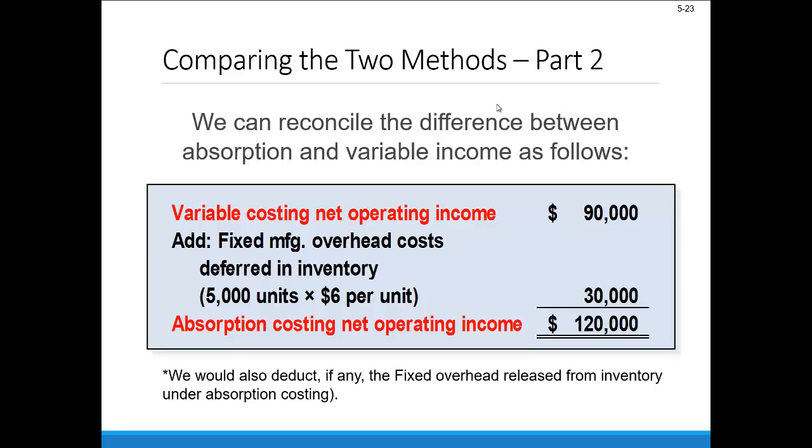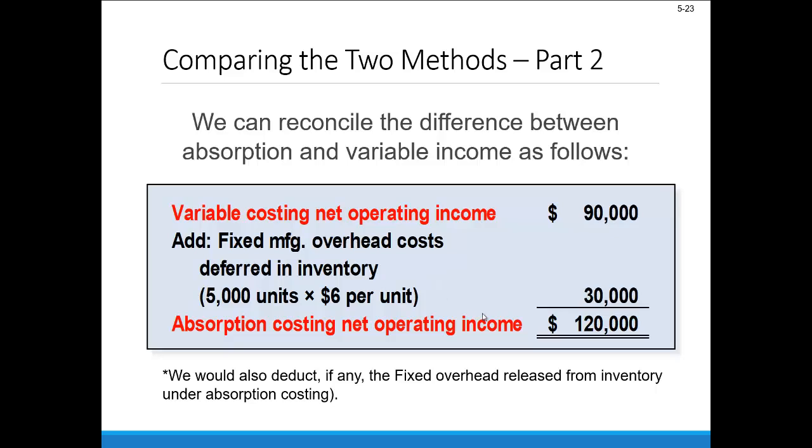If we start with our variable costing net income of 90,000, we would add to that the fixed overhead costs that were deferred in inventory. That was the 5,000 unsold units we had, times the $6 per unit in fixed overhead cost, deferred in inventory under absorption costing, for a total of 30,000. 90 plus 30 would get us to our absorption costing net income of 120,000.